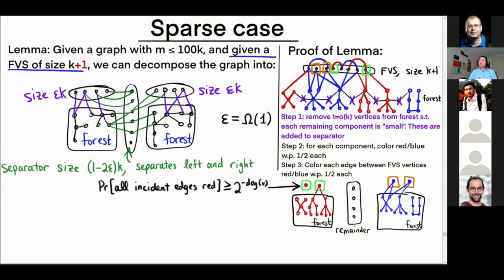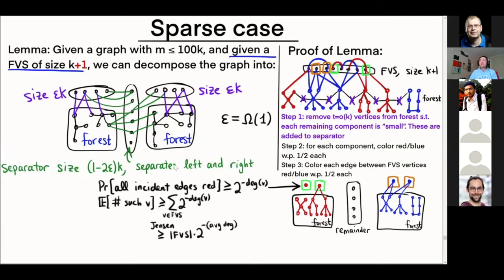Let's ignore, for example, the edges between the vertices and the FES. So the point is, each of these pieces is sampled red with probability 1/2. So the probability that all the incident edges are red is at least 1/2 to the degree. It could be more. It could be less if, for example, all the edges belong in the same component. Then they're positively correlated. So that's good for us.